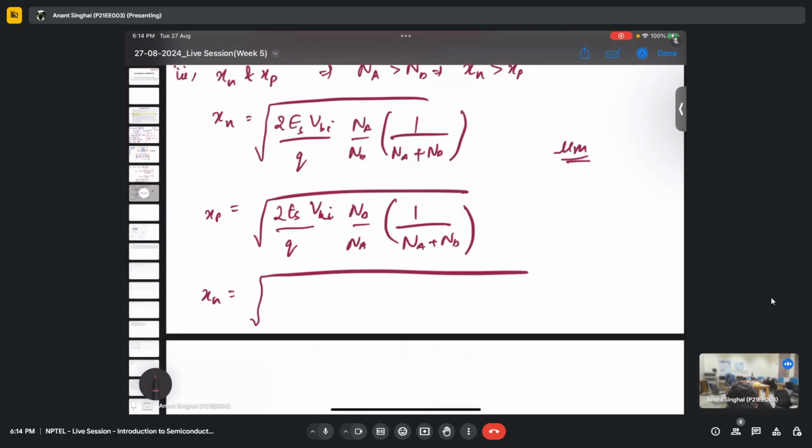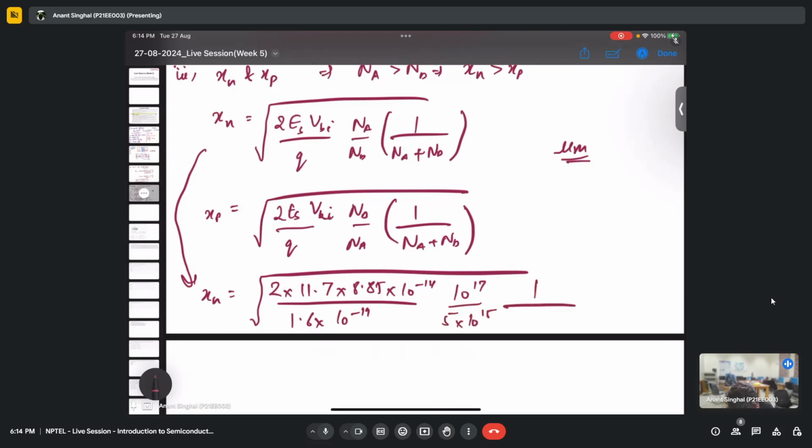So Xn will be 2 times epsilon, which is 8.85 times 10 raised to minus 14. I'm writing each and everything in centimeters since the question says everything in centimeter. Sorry, I'm calculating Xn, so it will be Na by Nd and 1 by Na plus Nd.